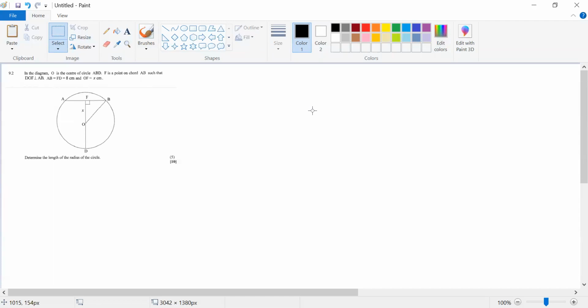So for 9.2, they say in the diagram, O is the center of circle ABD. F is a point on chord AB such that DOF is perpendicular to AB. That is on our diagram, so we don't have to worry about adding it. And then they tell us that AB is equal to FD, which is equal to 8 centimeters, and OF is equal to X centimeters.